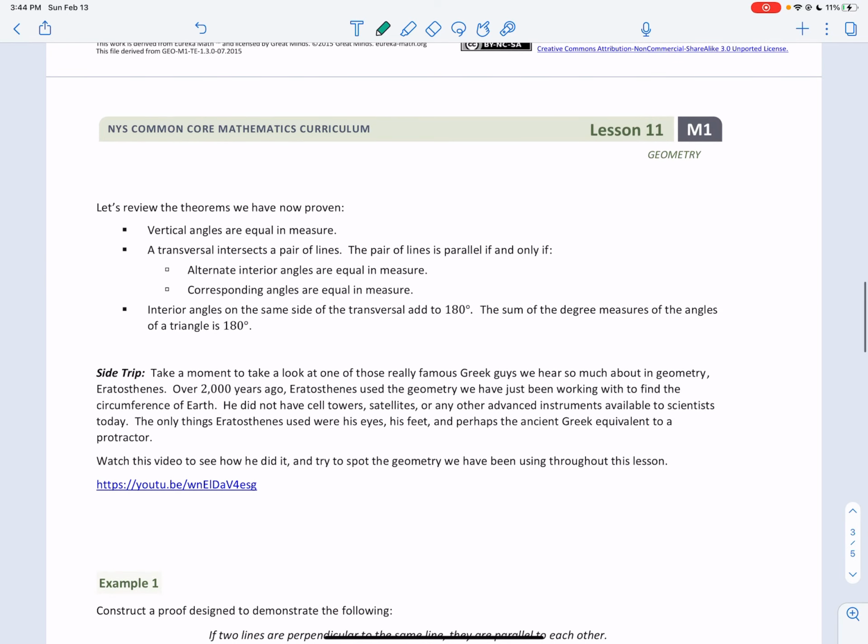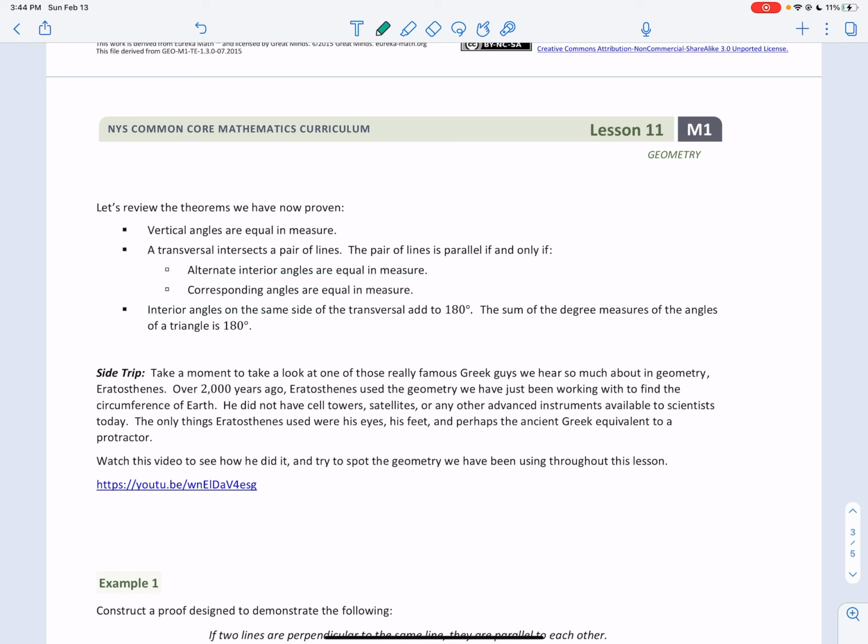So reviewing what we have, we know that vertical angles are equal in measure. We know that if a transversal intersects a pair of lines, the pair of lines is parallel if and only if alternate interior angles are equal in measure and corresponding angles are equal in measure. A transversal will cut through two lines in general, but if the lines it cuts through are parallel, the only way that can happen is if the alternate interior angles are equal and the corresponding angles are equal in measure.